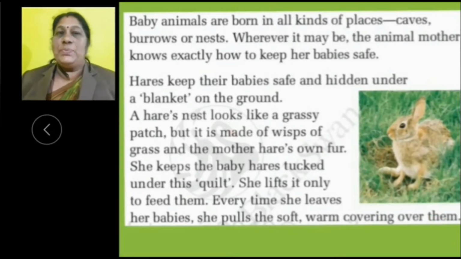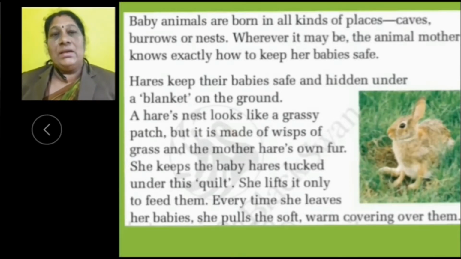Children, in this paragraph, we will see how hares keep their babies safe. A mother hare makes a blanket on the ground. This blanket is made with soft, thin pieces of grass and its fur. They keep their babies inside this blanket or quilt.